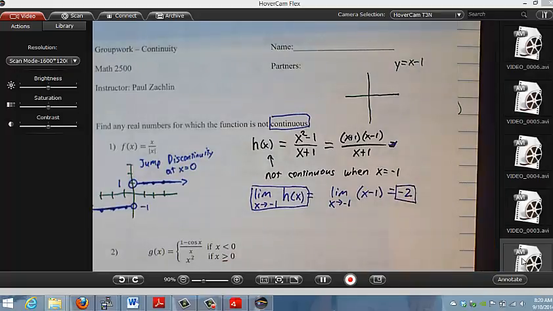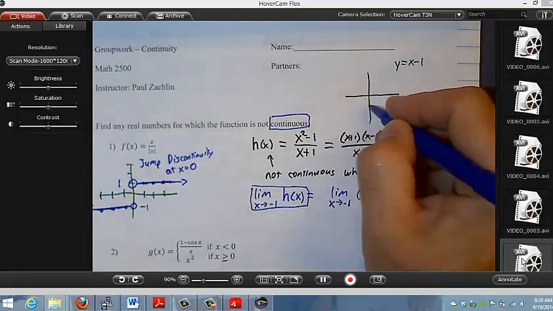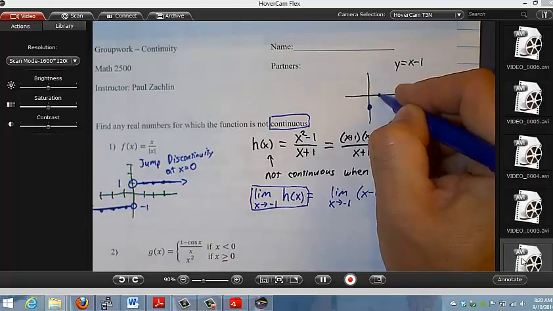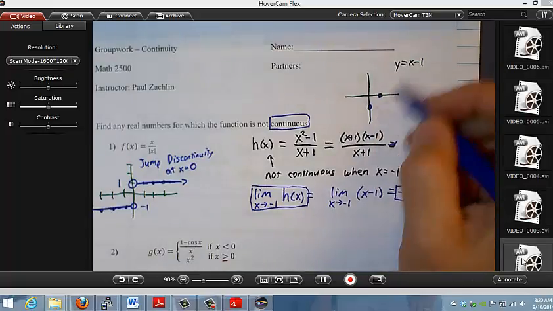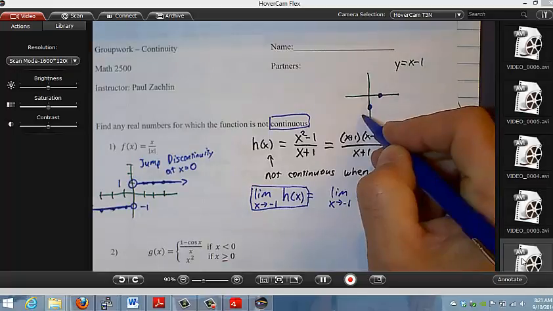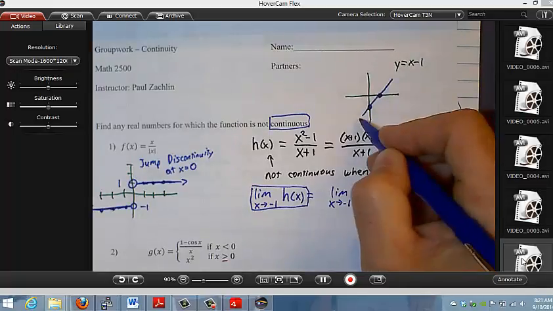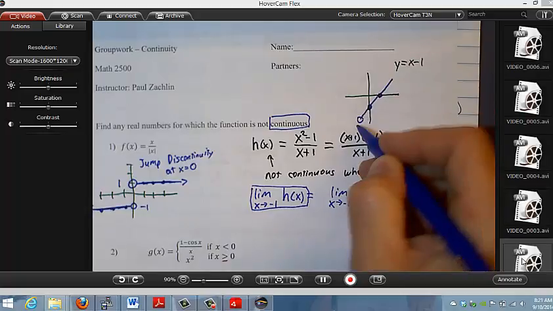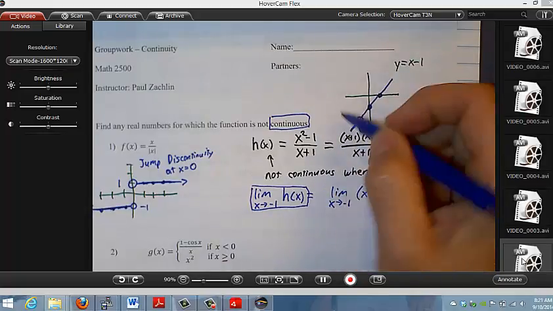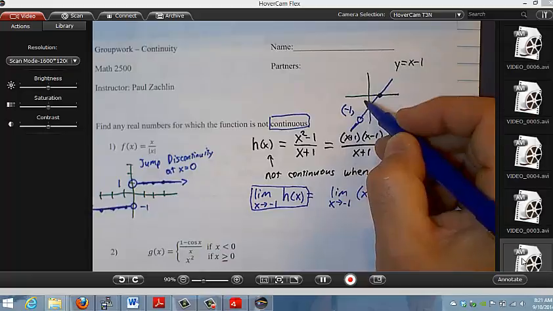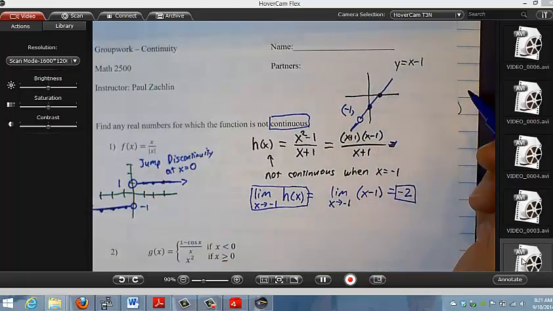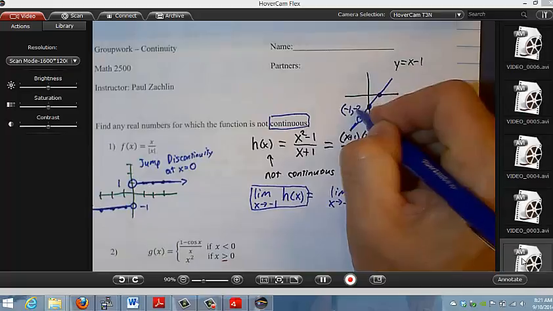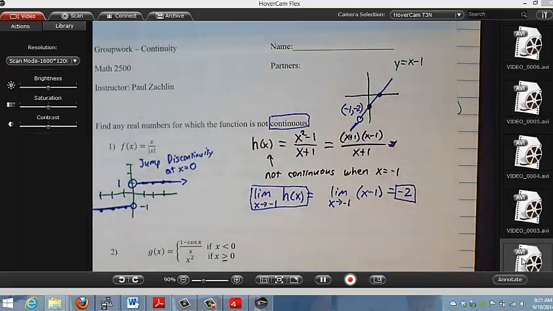So now what's that look like? Well, it goes through, for example, 0, negative 1, and it has a slope of 1. So it goes like this, and the only place it's not defined is right here at that hole, and that hole is negative 1 comma what? Negative 2. That's what we just computed. It's the limit that exists. Are you guys with me?